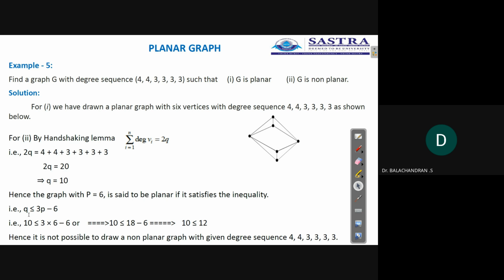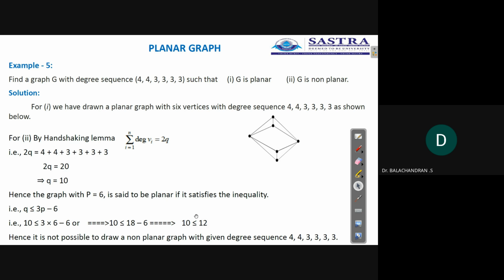Here q is 10, and 3 into p, where p is 6, minus 6. This implies 10 less than or equal to 18 minus 6, so 10 less than or equal to 12. If G is planar, this condition should be satisfied. Yes, this condition is satisfied.